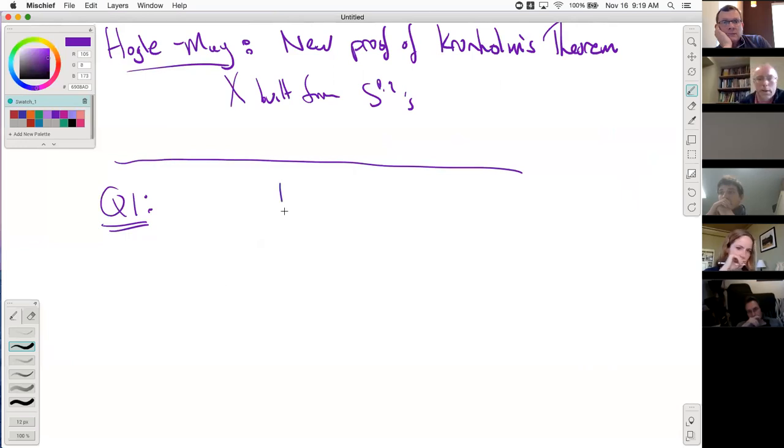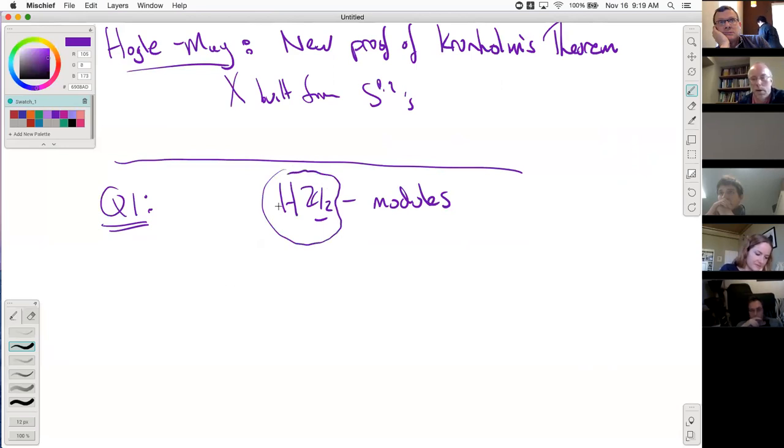So one is you could think about the category of HZ2 modules. Okay, so this is the Eilenberg-MacLane spectrum corresponding to our equivariant cohomology theory. There's a model category of HZ2 modules, and you can sort of play around with it. And you could ask, is there a nice description of this?